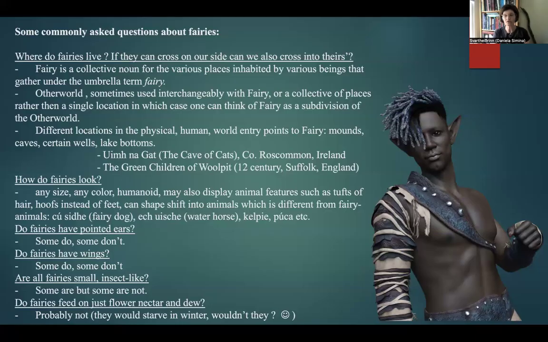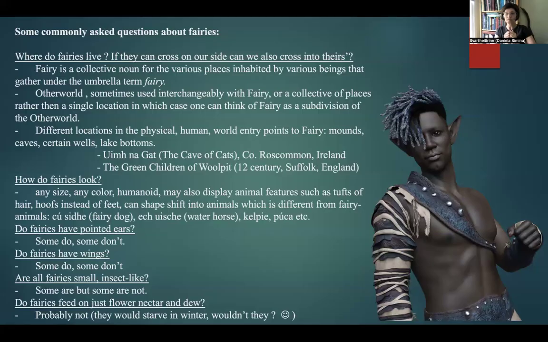It started with, I do not remember the name of the painter, but it started with paintings in which interactions between fairies and humans were represented. And since fairies in folklore are understood to be oftentimes no different than humans, it was hard to tell in a painting who's the human, who's the fairy.